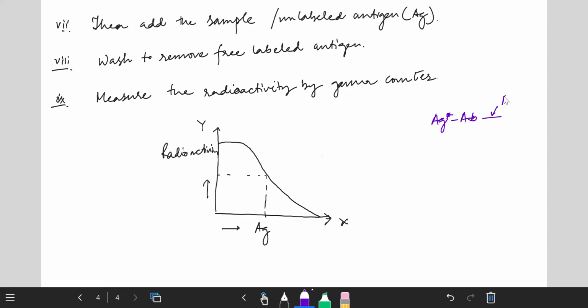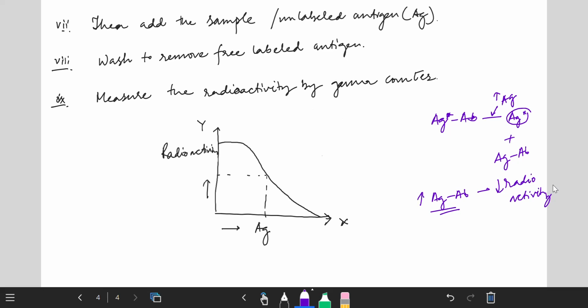When we add the unlabeled antigen and increase the concentration, obviously there will be displacement of that labeled antigen and there will be a complex of unlabeled antigen and antibody. So displacement means when the unlabeled antigen-antibody complex increases in concentration, obviously radioactivity decreases.